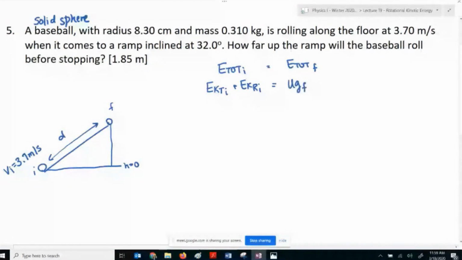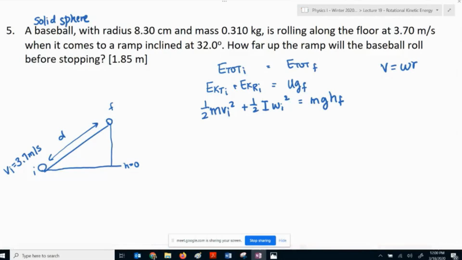Okay, so formulas I'll start to put in. 1/2 mv squared, 1/2 I omega squared, mgh. Okay, so now we're going to think about the v and the omega. Are we going to switch the v? So we have this formula, v equals omega r. Are we getting rid of v or are we getting rid of omega? Getting rid of omega.